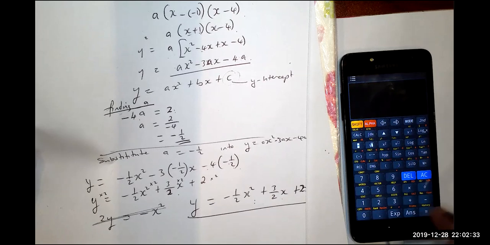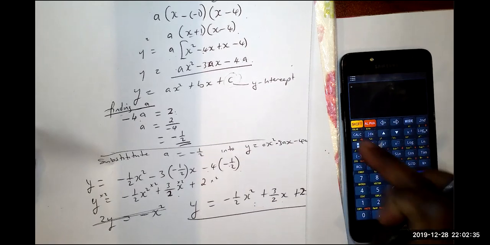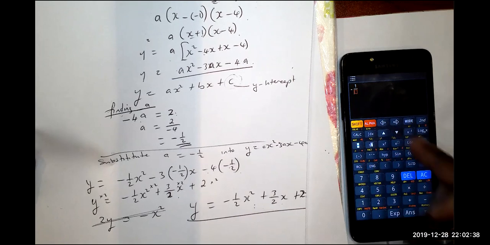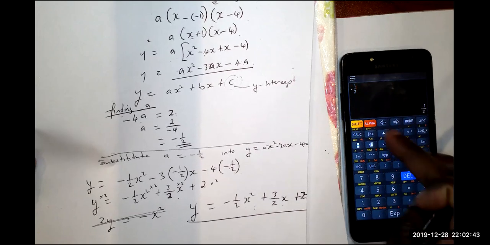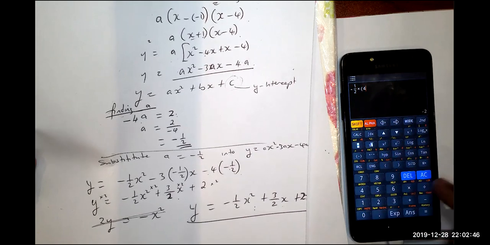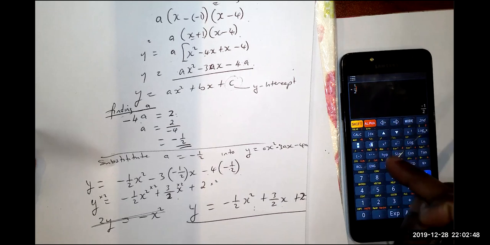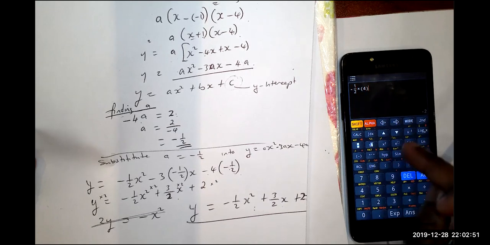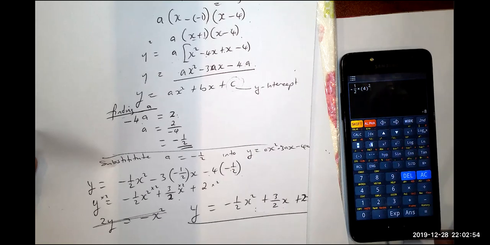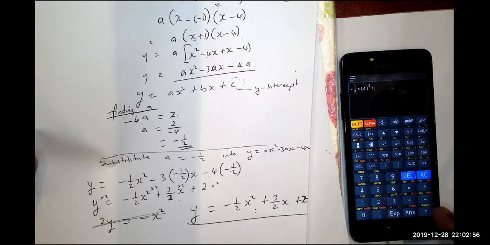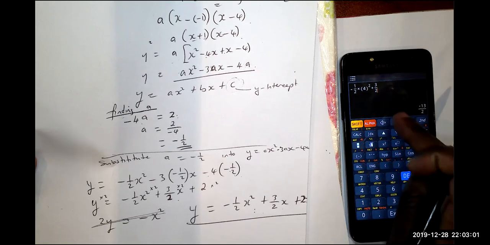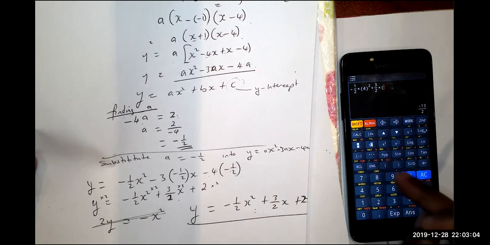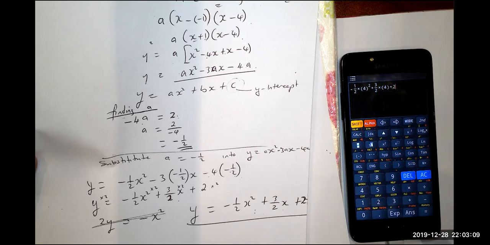Let's do it together. Minus 1 over 2 times 4 squared plus 3 over 2 times 4 plus 2, what do we get?